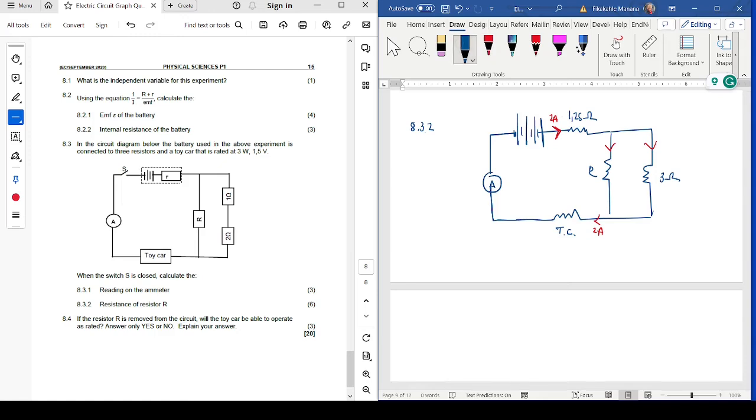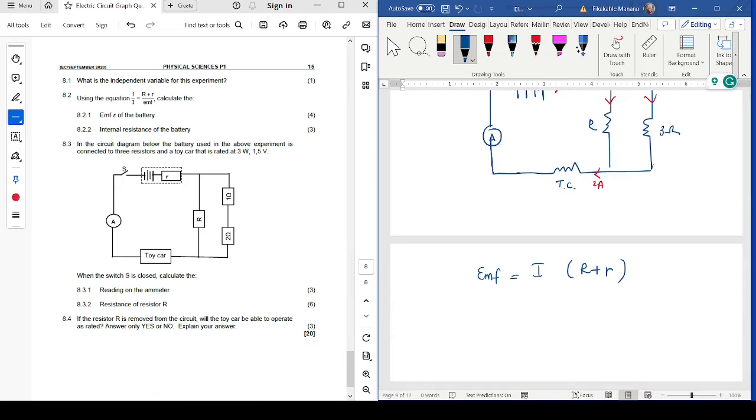Okay, so how are we going to get resistor R? We already know the EMF of the cell. Okay, so we have our overall current, our external resistance, and our internal resistance. We have the internal resistance, we have the current, we have the EMF as well, which we calculated previously, didn't we?